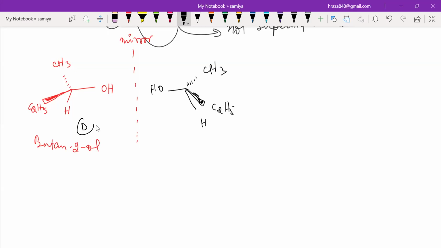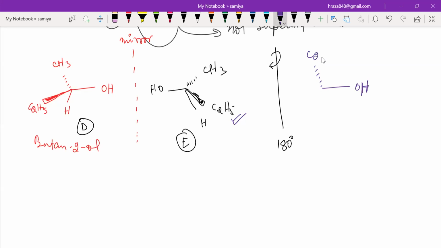See, this is D, this is E. If you rotate this by 180 degrees, see what happens here. This C2H5 will move to the dashed bond and this CH3 will move to the solid wedge.